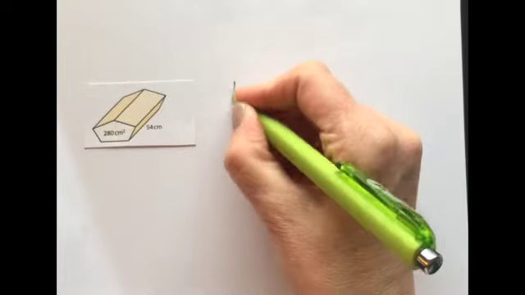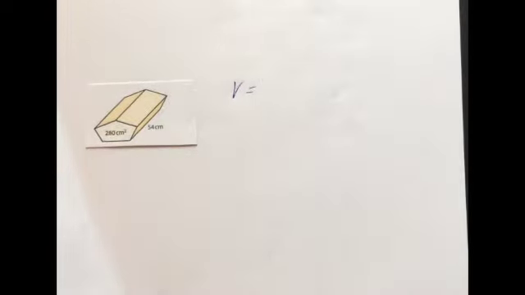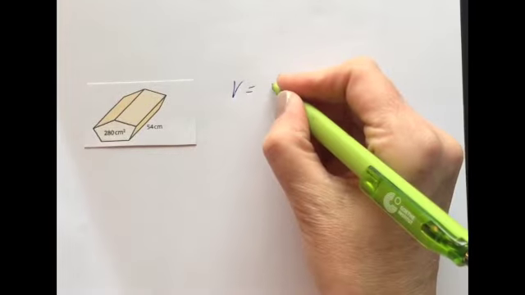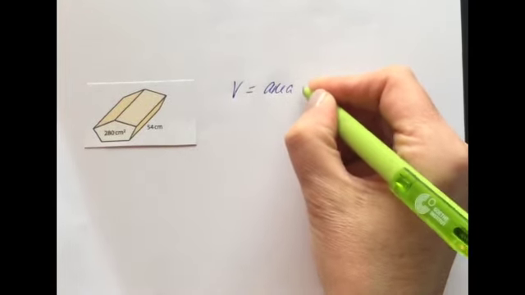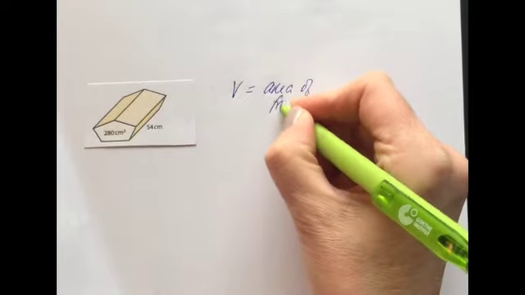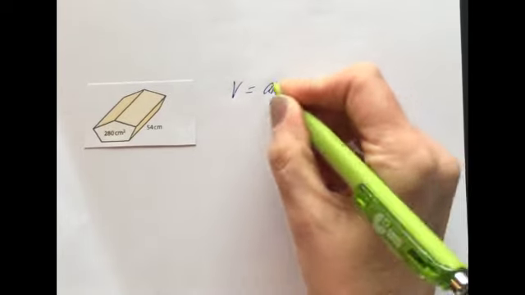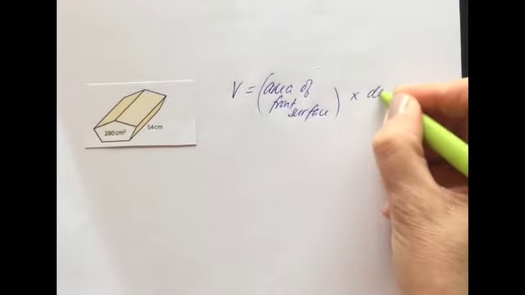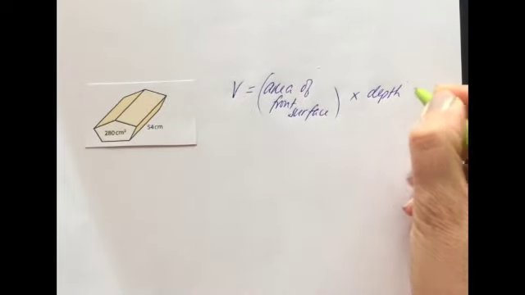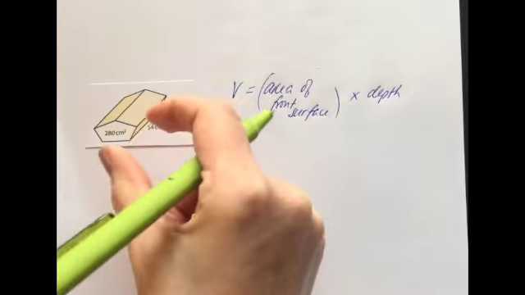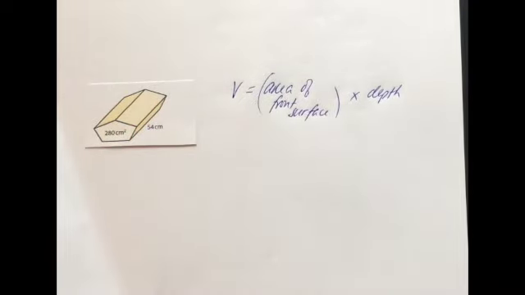So the volume of any prism, and in particular an irregular prism, is the area of the front surface times by the depth. Again, I like to call it depth. If you want to call it length, or of course if it was sitting on top of itself, it would possibly be considered height. But that's basically what we're looking at.